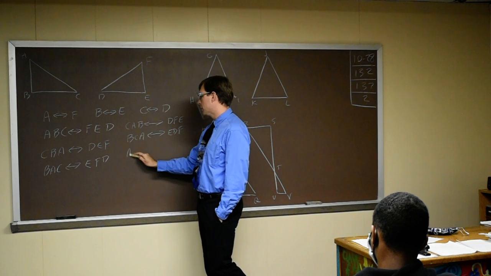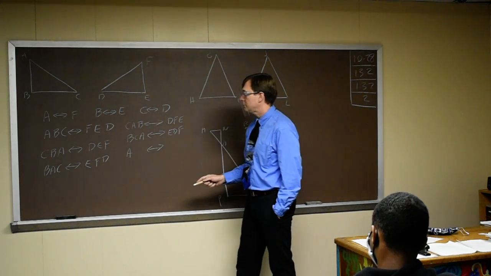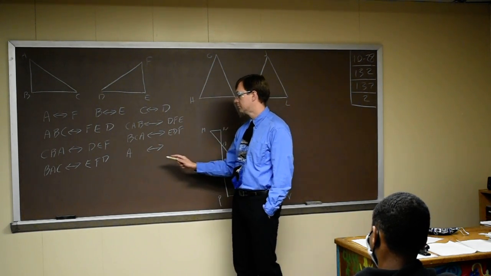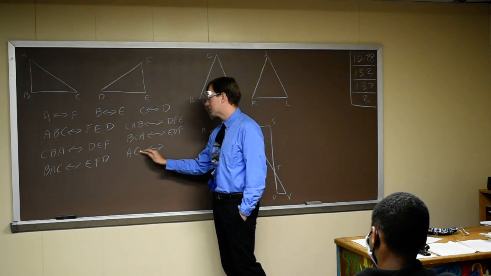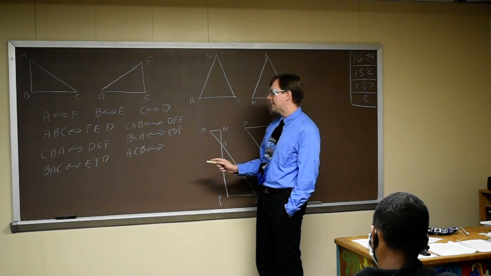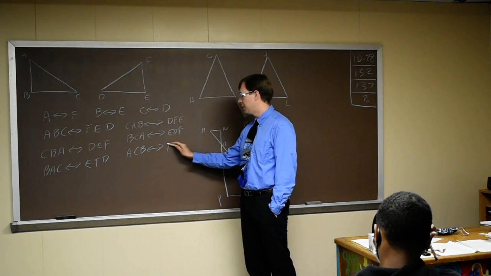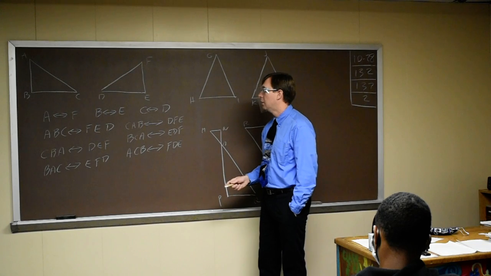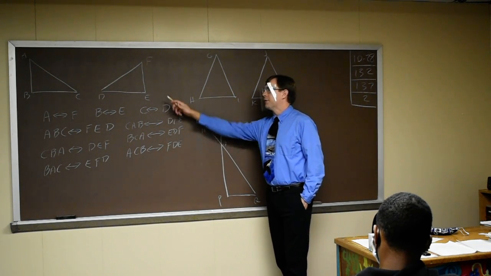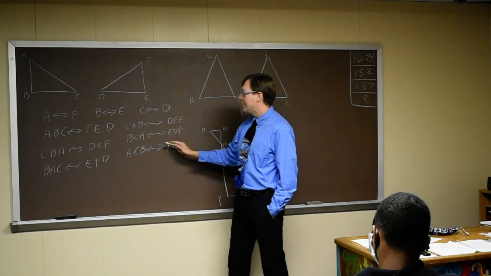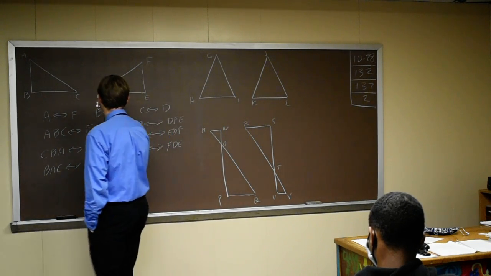Here's one more that starts with A. ACB is new. If we do ACB, FDE. So if they drew you this picture, any of these 7 things would be a right answer.